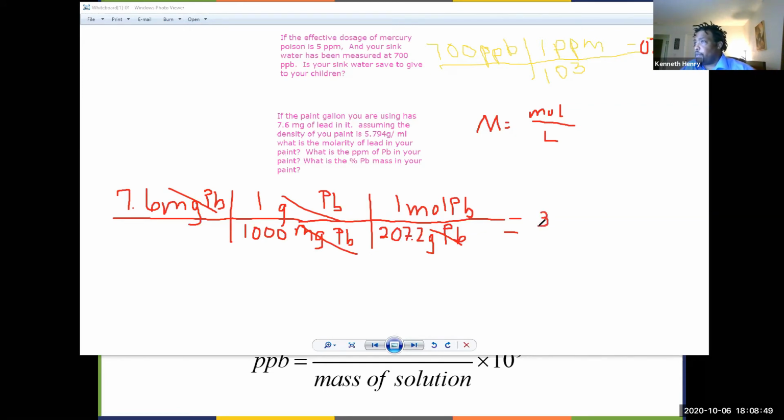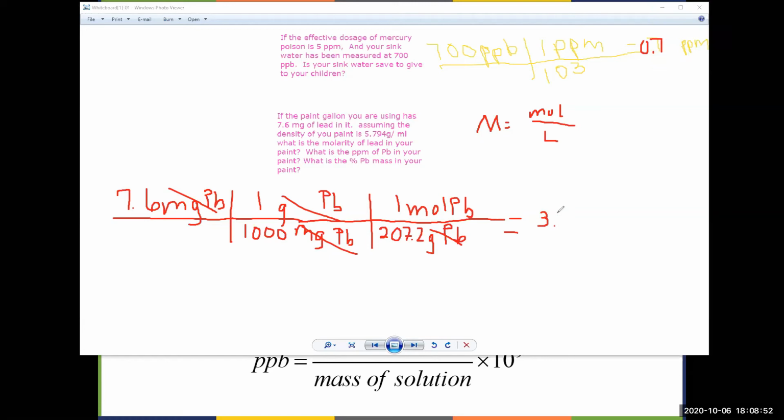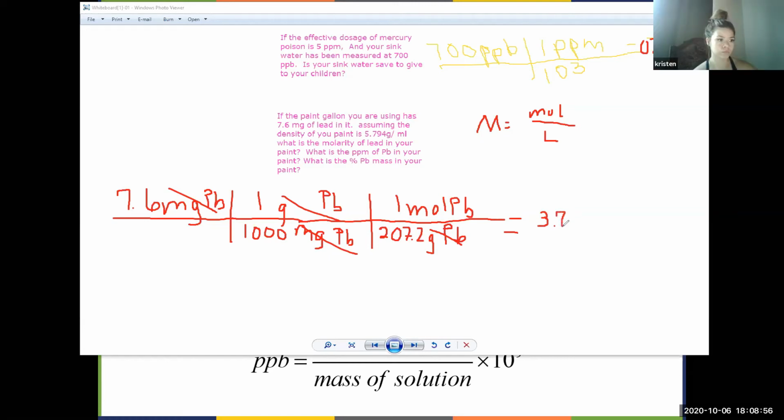How many sig figs am I working with? 2. 4 sig figs. Oh, two sig figs? Four? Oh, sorry. I'm looking at the last. Just kidding. Don't listen to me.